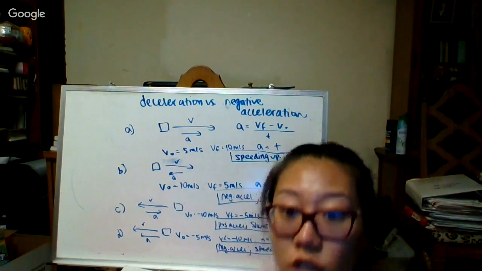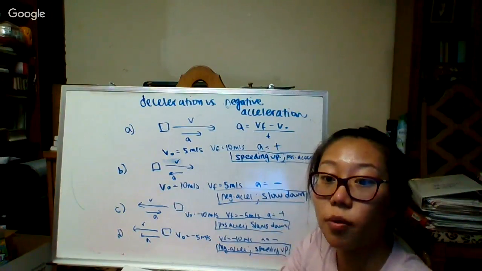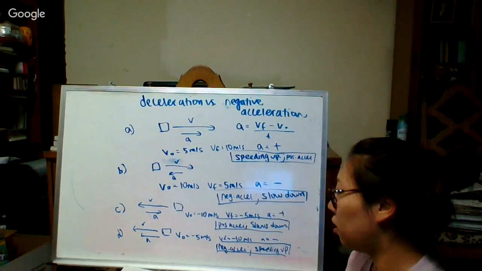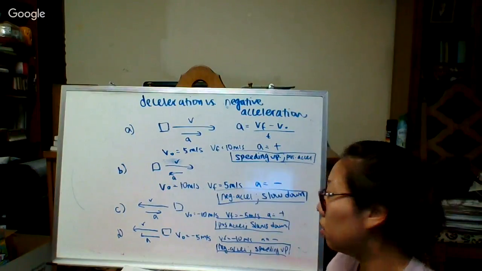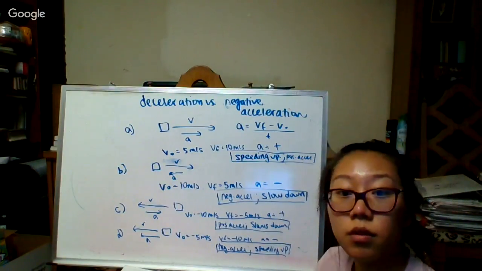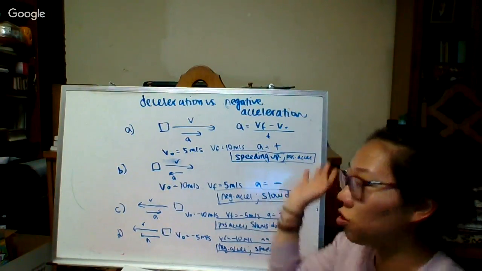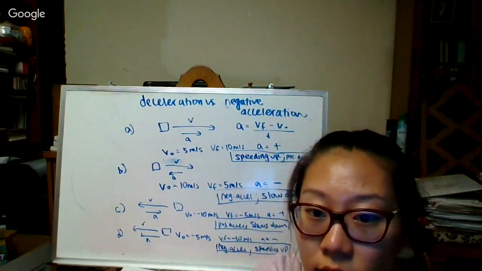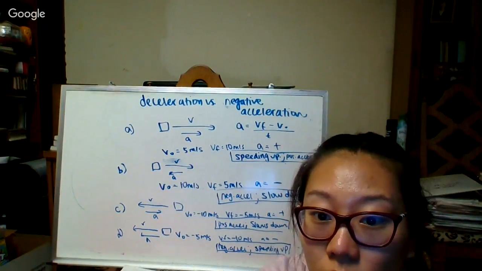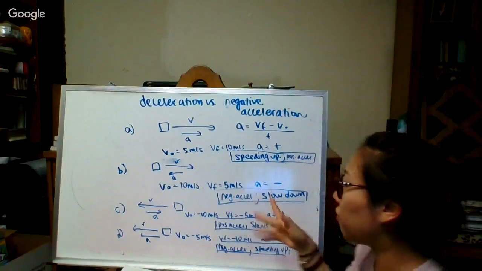So deceleration is only when acceleration and velocity point in opposite directions. Yes. Which is why I introduced the definition first, because I think it's easier to know the definition.